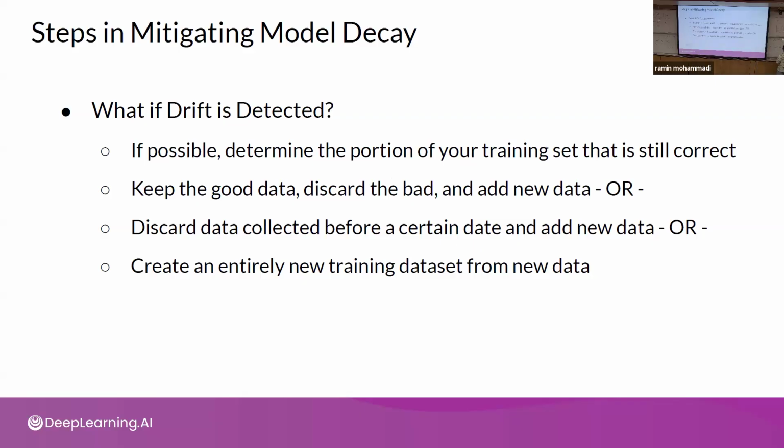So if you have concept drift, we know that concept drift means the probability of y given x is different now, right? Because the label has changed.